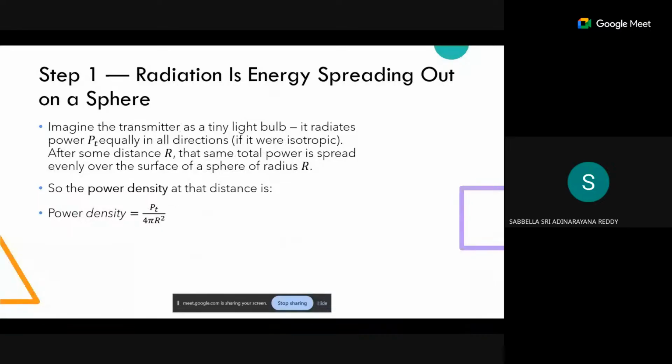Let us suppose the total power that is transmitted by the transmitter is PT. Then power density would be PT by 4 pi r square, if we assume that the antenna is isotropic, since it has a spherical radiation pattern.